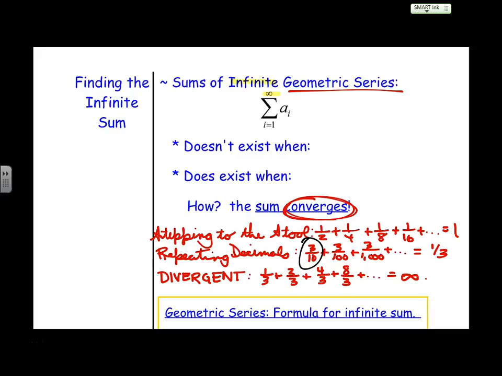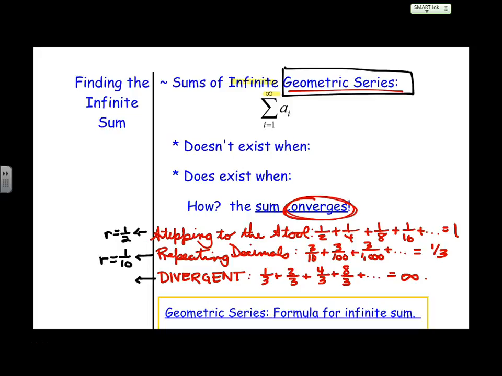But, coming back. For geometric series specifically, can you guys tell me what the common ratios are of each? What's the common ratio for the first one? 1/2. I was multiplying by 1/2 every time. What's the common ratio for the repeating decimal one? Careful, not 1/3. 1/10.